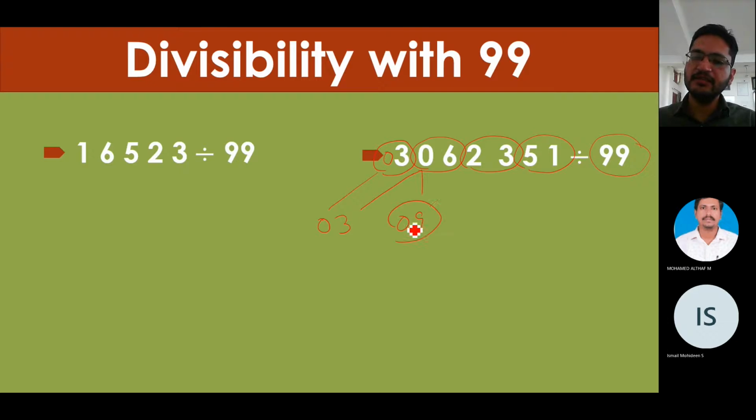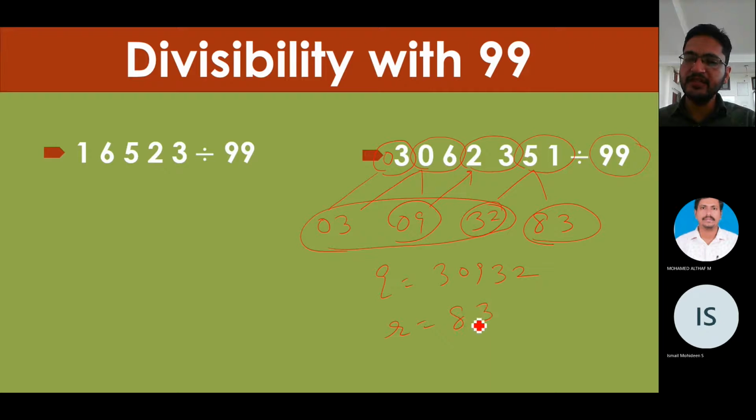It is 09, 32. Now next is 83. Now this will be the remainder and quotient is 309. This is the quotient 030932 and remainder is 83.